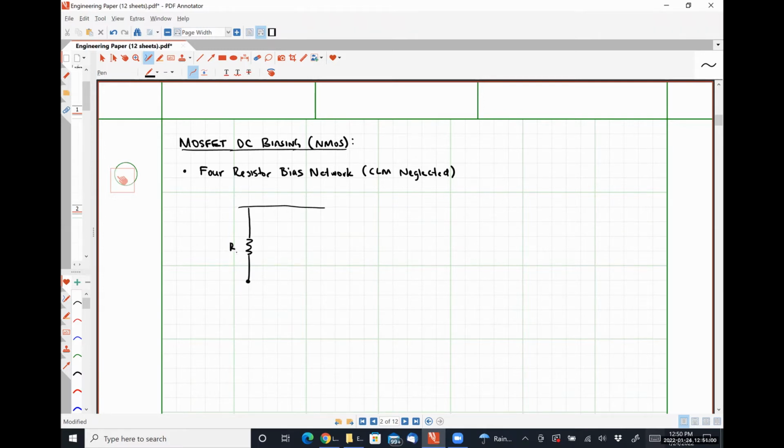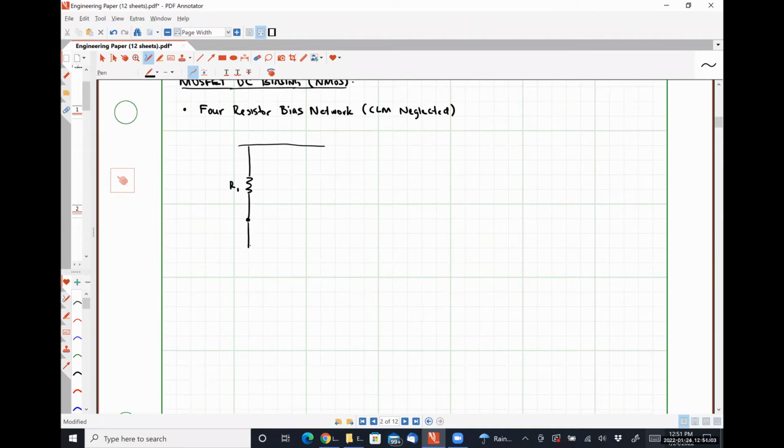So we're going to have some resistor R1, some resistor R2, a resistor between the source and ground, which we'll call RS, and a resistance between VDD, our power supply voltage, and the drain, which I'm going to call RD.